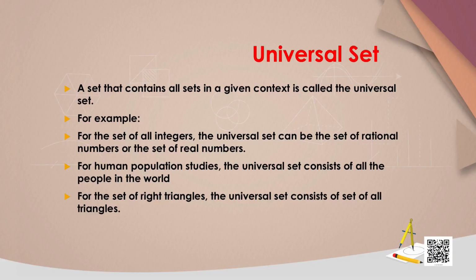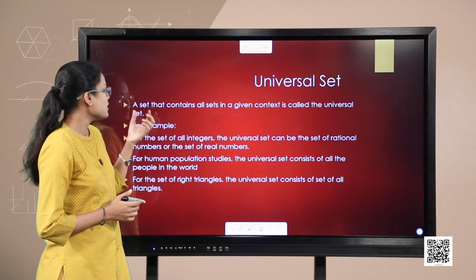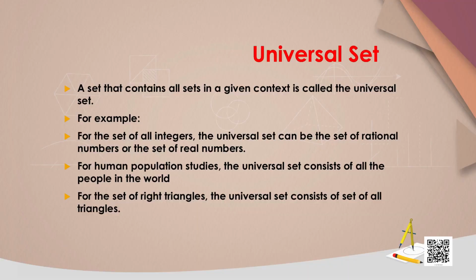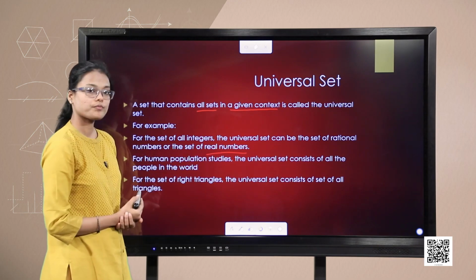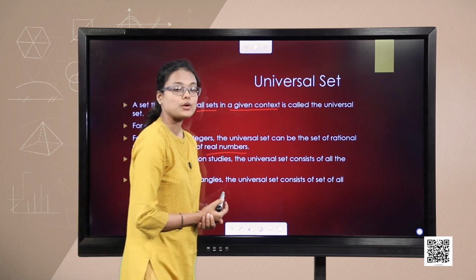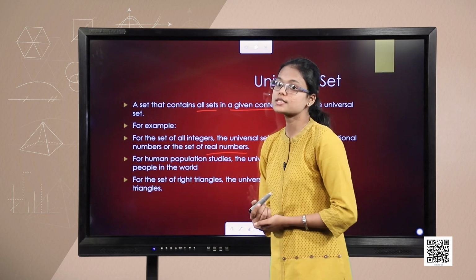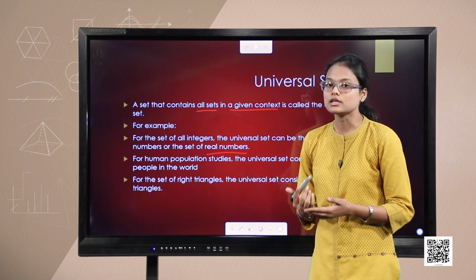Now, we study about universal set. This is the last type that we are going to study in sets. A set that contains all sets in a given context is called a universal set. For example, for the set of integers, the universal set can be rational numbers. It can also be real numbers. And from here itself, we can see that the universal set need not be unique.